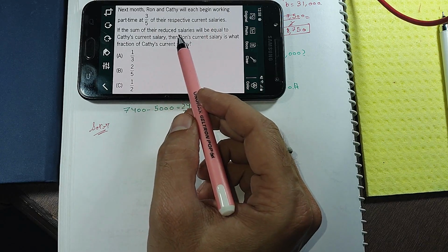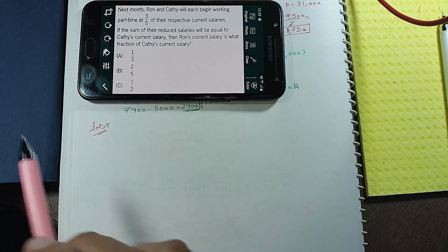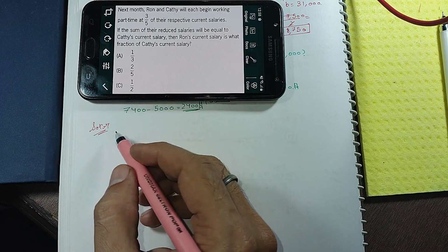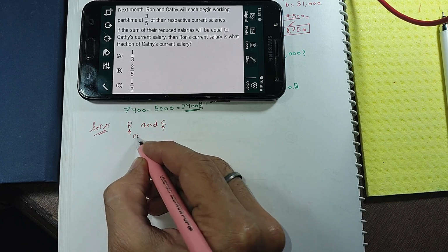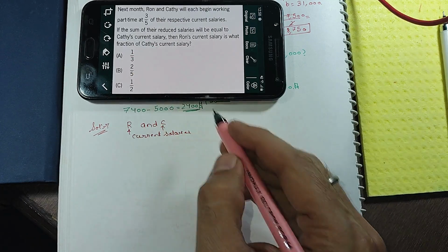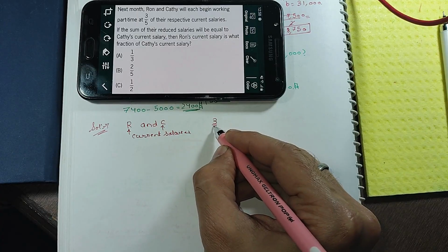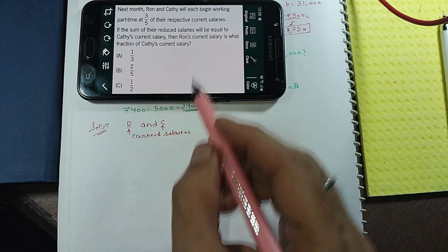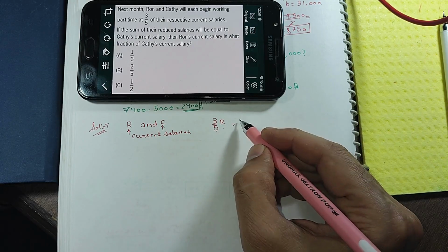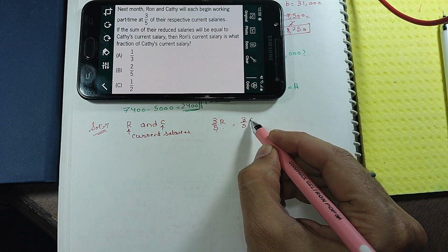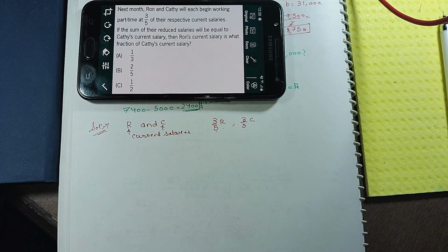Let us suppose that R and C represent their current salaries. Now, in the next month, Ron will receive 3 by 5 of R, his current salary, and Kathy will receive 3 by 5 of C, Kathy's current salary.